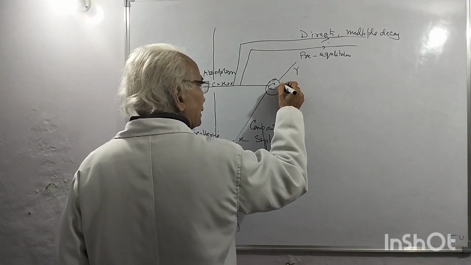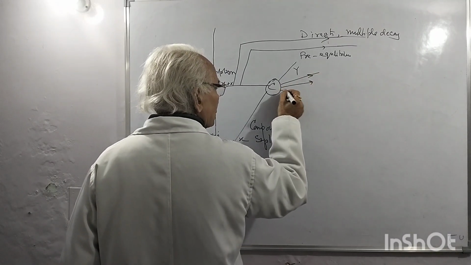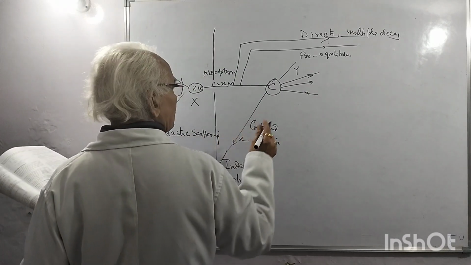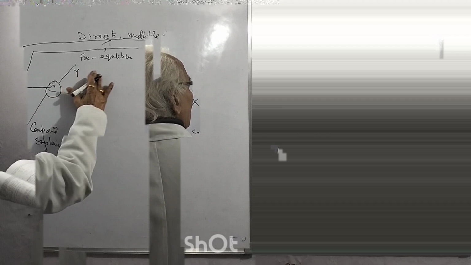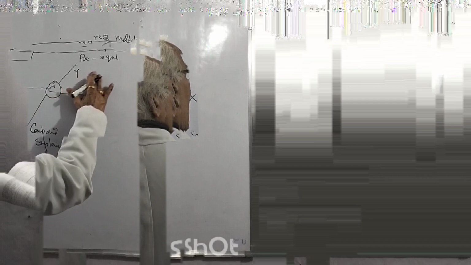And now this can decay into different channels, with the emission of Y1 particle, Y2 particle, Y3 particle, and different particles are coming out after the interaction.